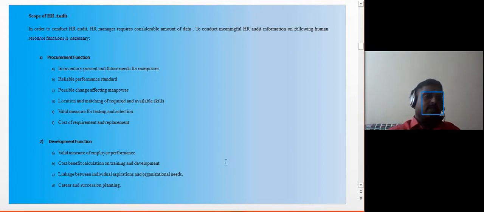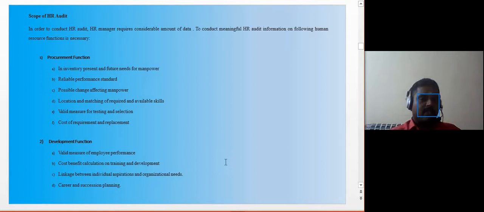The procurement function audit covers: first, inventory, present and future needs for manpower; second, reliable performance standards; third, possible changes affecting manpower; fourth, location and matching of required and available skills; fifth, valid measures for testing and selection; and last, cost of procurement and replacement.